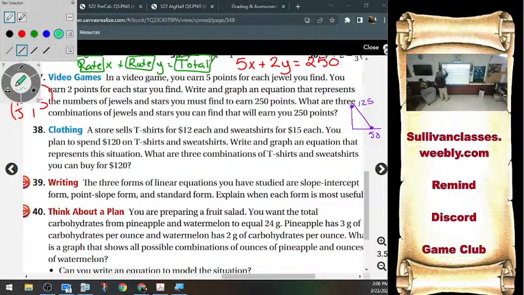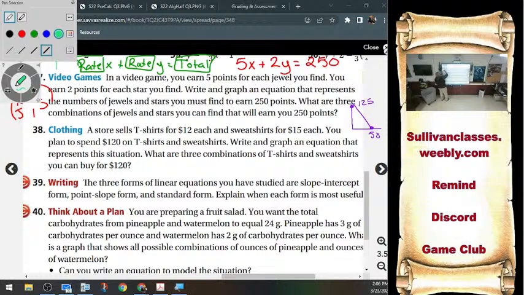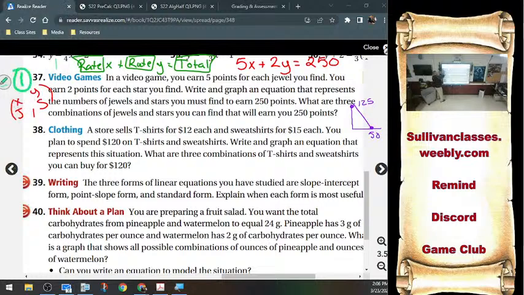Okay, we got this pattern. Step 1, label what you're even talking about. Step 2, use one of our cheater forms: Y equals rate X plus start, or Y minus output equals rate times X minus input, or rate X plus rate Y equals total. This is a problem that gave us a total, so put a total in there.